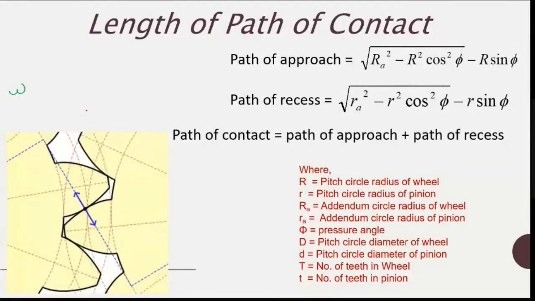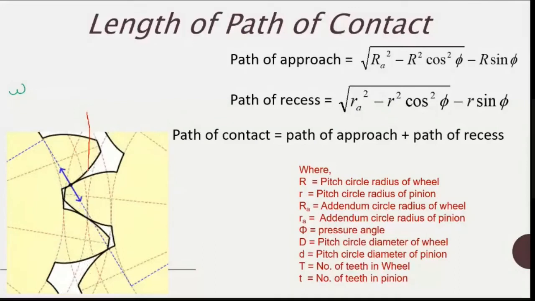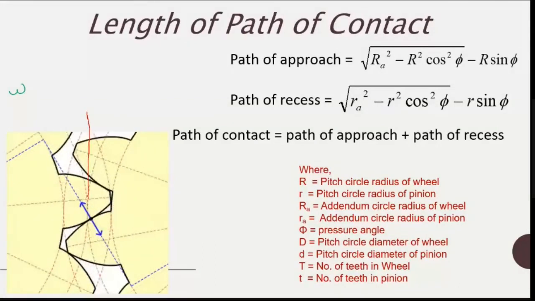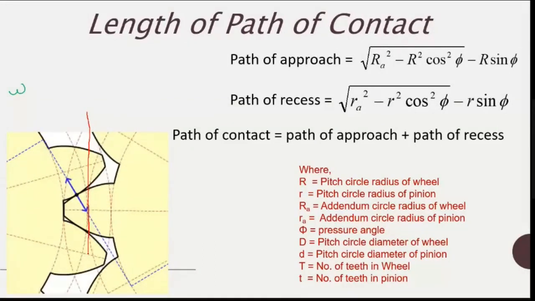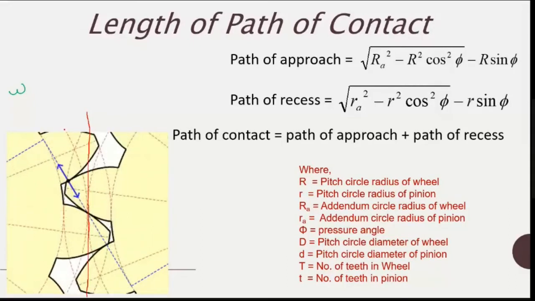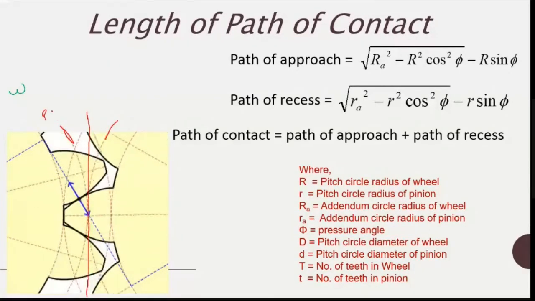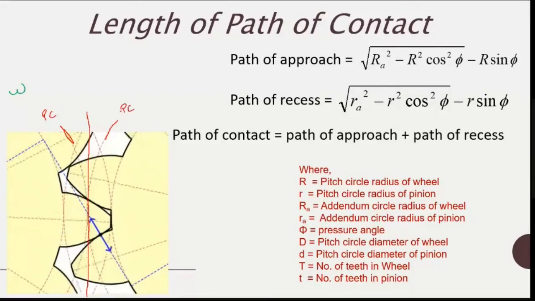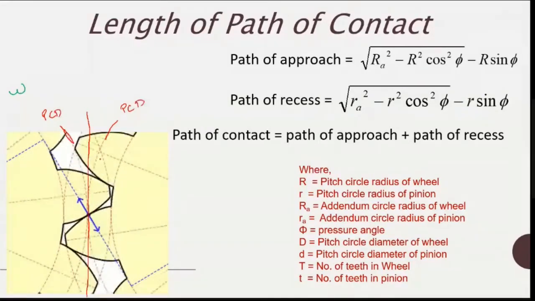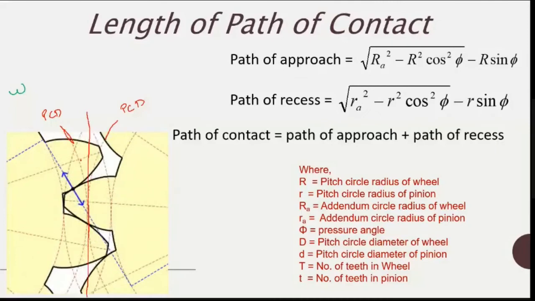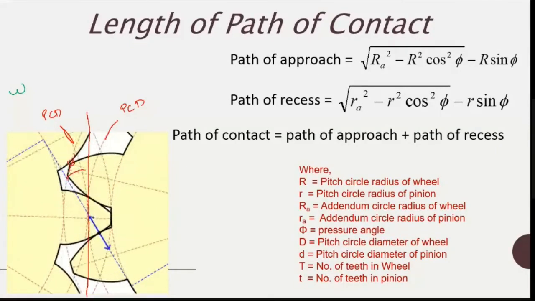Let me draw a line here, sorry, a vertical line. It is a tangent to this gear and this gear. This is the pitch circle diameter. The angle with respect to this is your pressure angle.